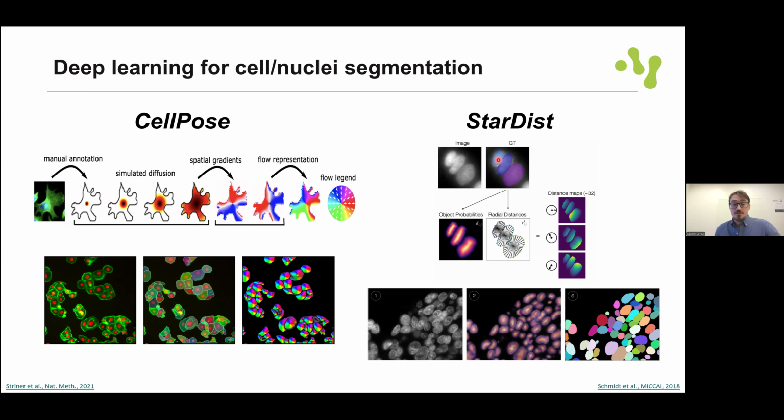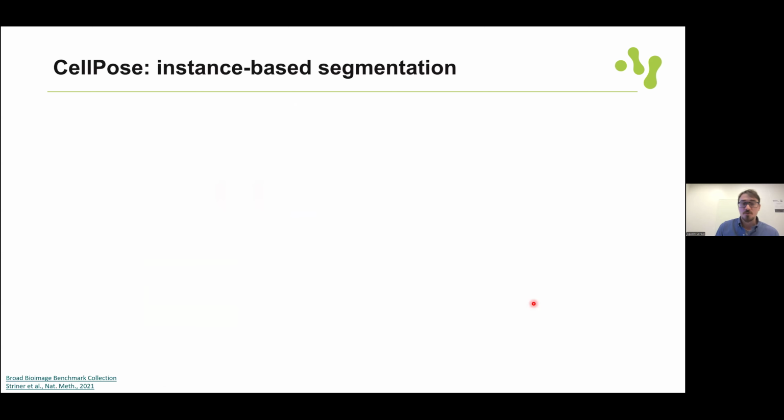There's also StarDist, which looks for star-convex shapes in the images. So if you have many nuclei that are separated in this way, it will try to look for these ellipsoids within the image. And both of these you can actually fine-tune later for your specific case.